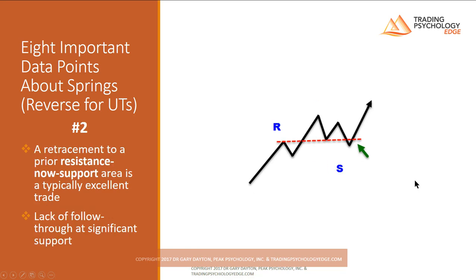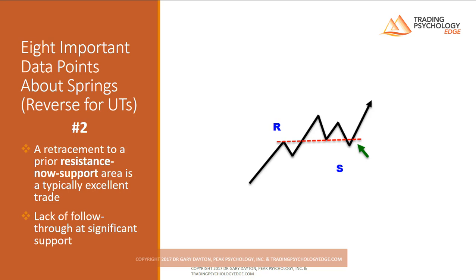They become even better when we're in that uptrend and we retrace to a prior resistance area that now becomes support. And this is typically an excellent trade. As I said before, in the upthrust in gold, I like this look in particular because we get the lack of follow through at, in the case of a spring, significant support.